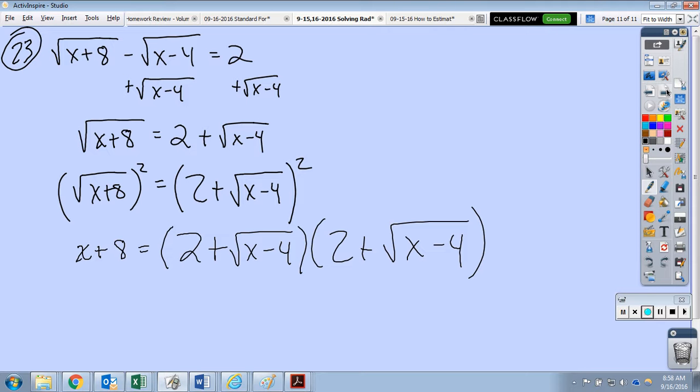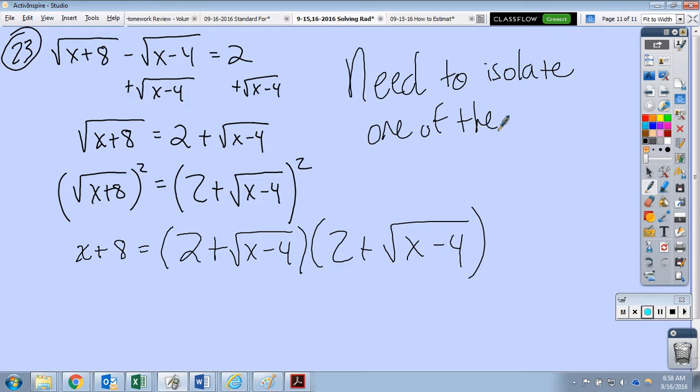It doesn't matter which one you isolate, but you need to isolate one of them, whether there's 1 or 2. If there's 1, it's the only one to isolate. If there's 2, just isolate one of them. You need to do this first.